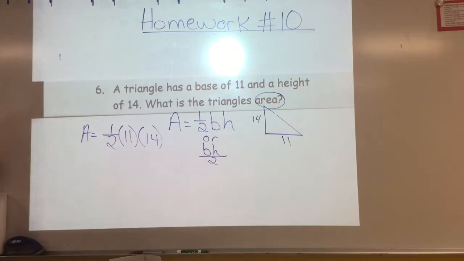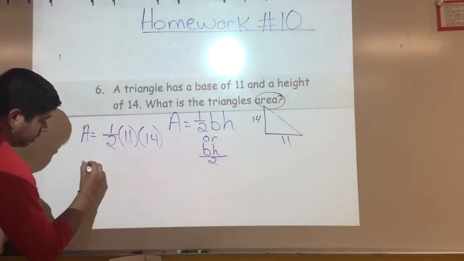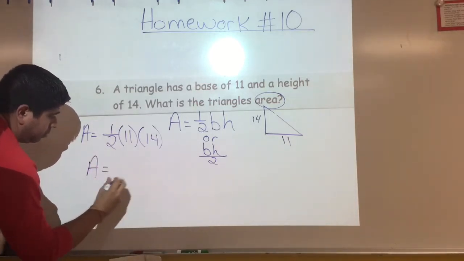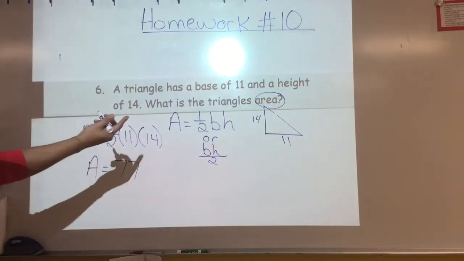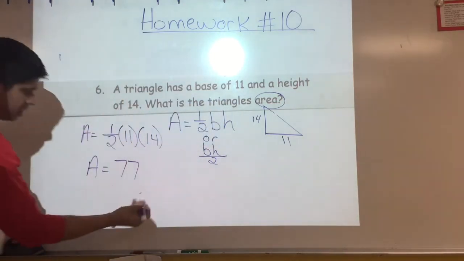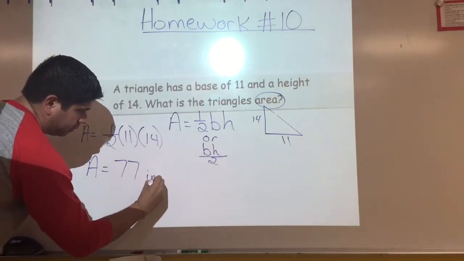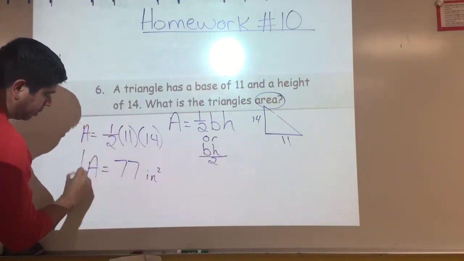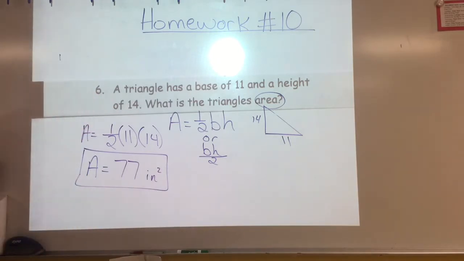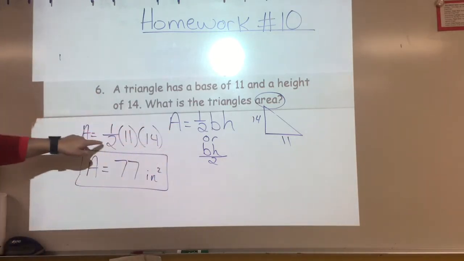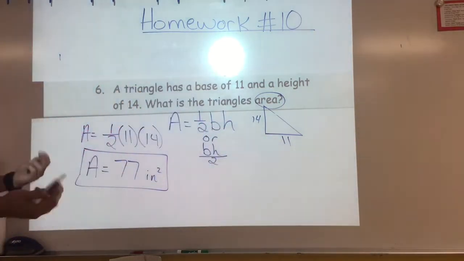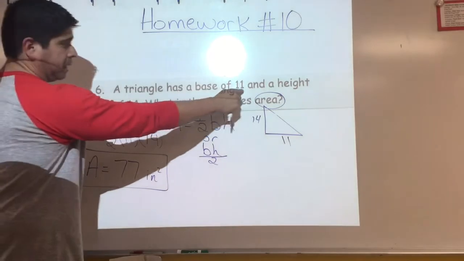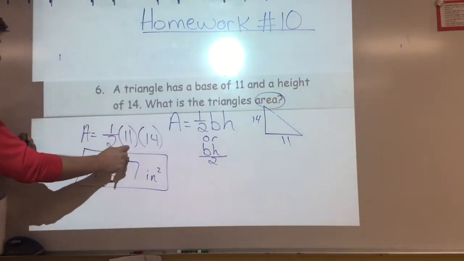In this case, area equals 77, and there's no units on here, so we'll just say inches squared. If you just have 77, that's okay. All right, so you have to have the formula, and then we're just plugging in our numbers here. If you have to draw a picture, you can draw a picture. You don't have to, like it tells me the base is 11 and the height's 14. Base, height.